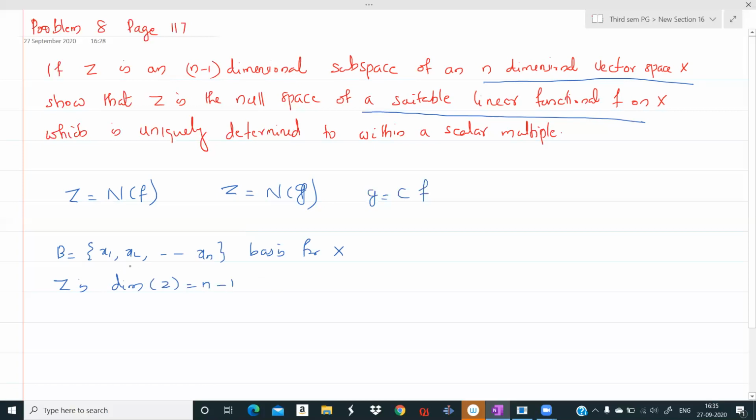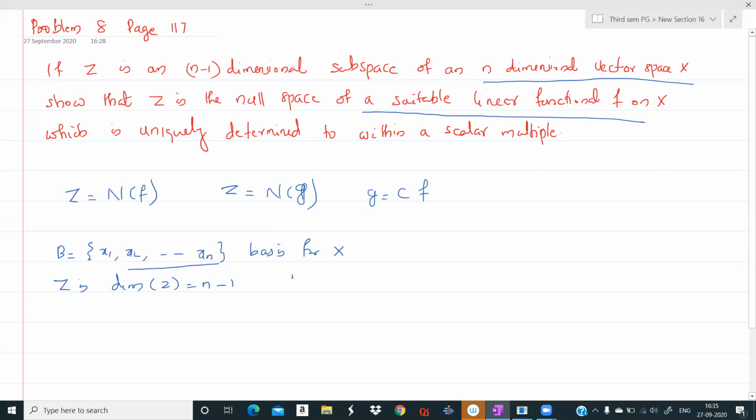So we can take n-1 vectors from the basis of capital X and form Z. Z is any n-1 dimensional subspace of capital X. Any n-1 dimensional subspace of this capital X can be formed by taking any n-1 vectors from the basis B of X.